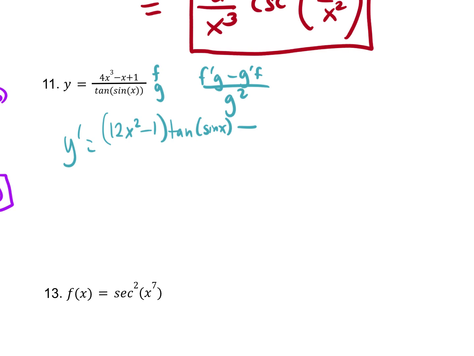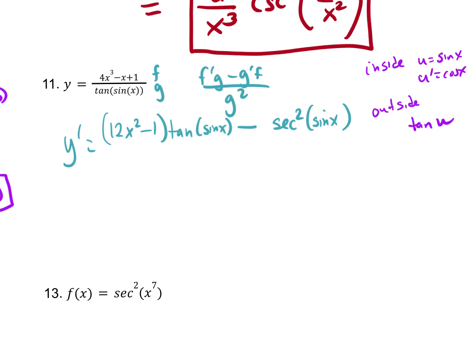Minus, now the derivative of the bottom here is kind of tricky because the bottom has an inside of u equals sine, which has a derivative of cosine. And then the outside function is, of course, going to be just tan of u. Now the derivative of tan is secant squared of u, but u again is sine x.